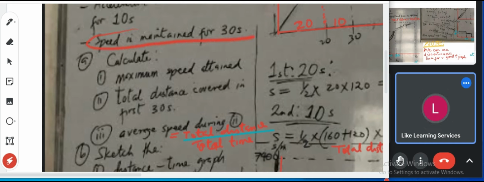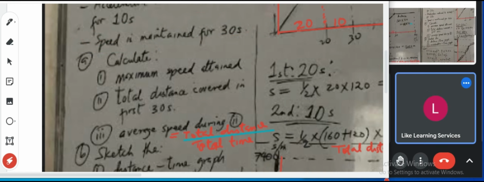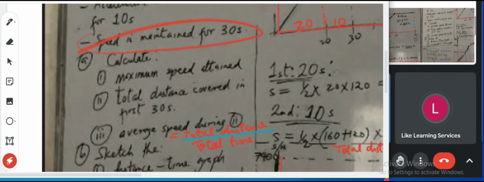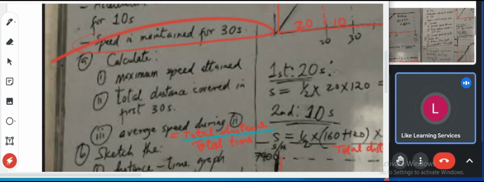It says speed is maintained for an additional 30 seconds. Go up a little bit, we see the last part of the statement: speed is maintained for 30 seconds. So that speed is maintained for 30 seconds.